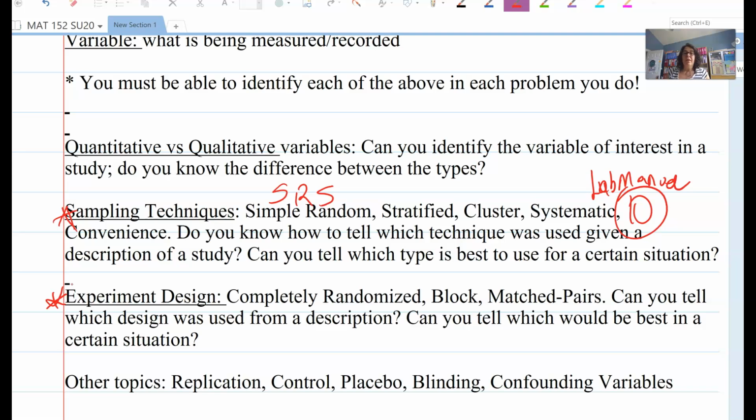First of all, I would like you to make the difference between the observational study and experiment. If you're using an experiment, you need to have a control group or a treatment group. If you have an observational study, you're not manipulating anything as a scientist or researcher. You're just watching and recording.